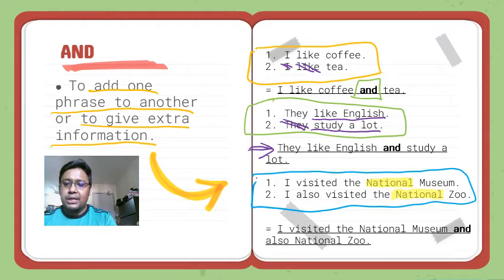So we need to use I visited the National Museum and National Zoo. We cannot use I visited the National Museum and Zoo. It gives another meaning. National Museum and Zoo means that in the same place we have the National Museum, and at the same time the National Museum is also a zoo, which is actually contradictory. Museum and zoo have different functions. I hope that you understand this one.